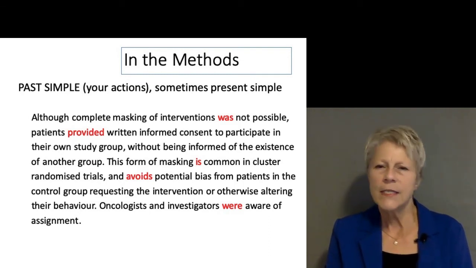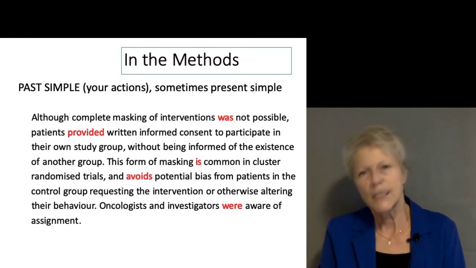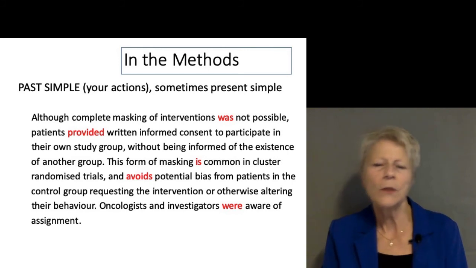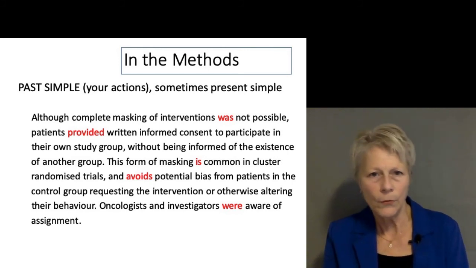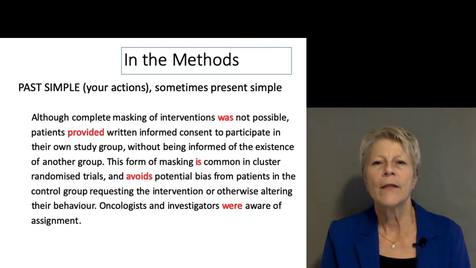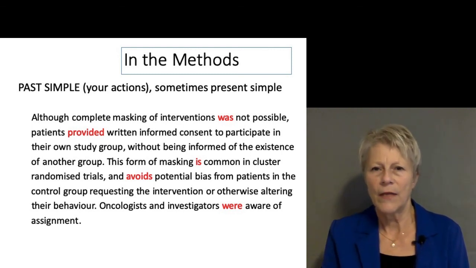In the methods, simple enough, the past simple, and sometimes the present simple. So blah, blah, blah, this was not possible. Patients provided written consent. And somewhere halfway this paragraph, you need the present simple to explain or state something that is common knowledge.